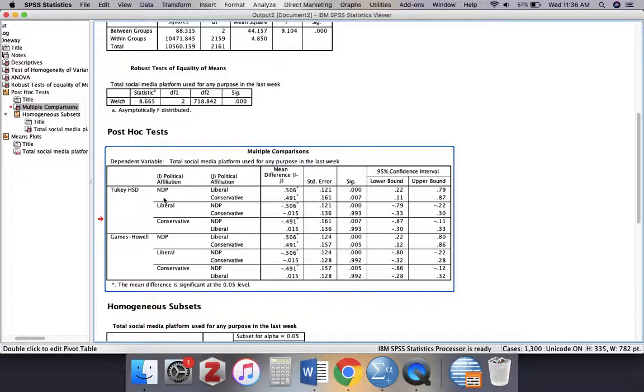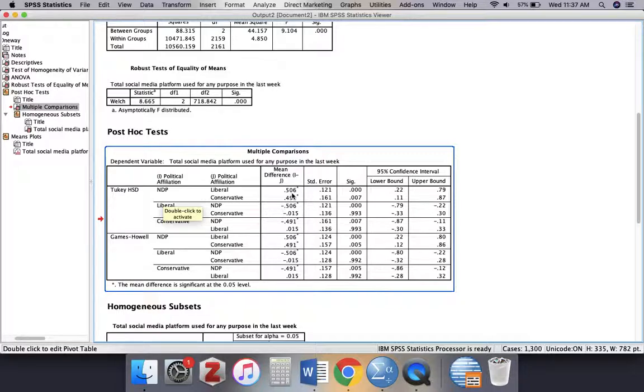So the first line is comparing NDP to liberals and then NDP to conservatives, okay? And here this box shows you the numeric amount of mean difference. If we took the mean of NDP and minused it from the mean of liberal, it's a positive number, 0.51, okay?